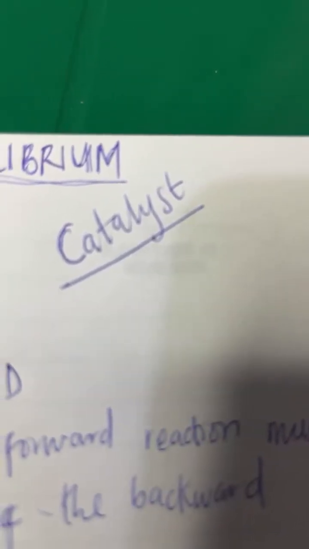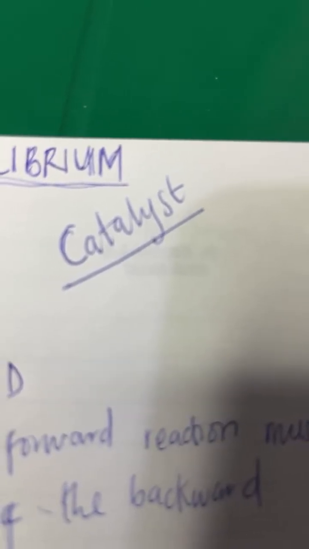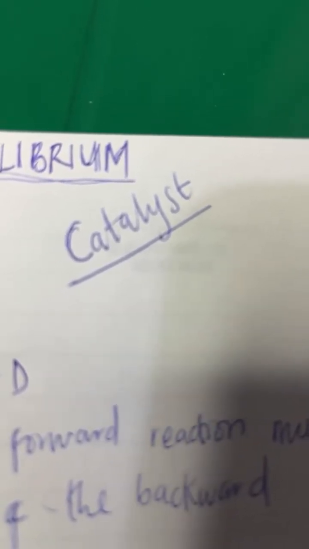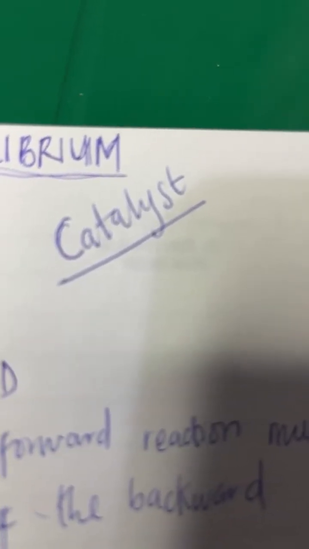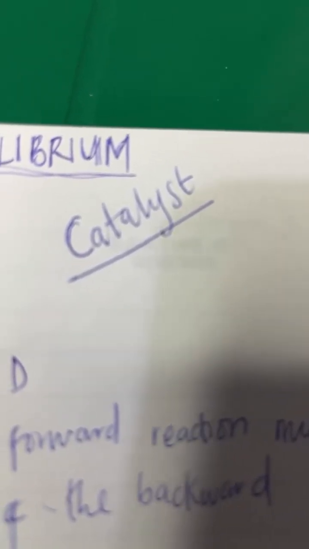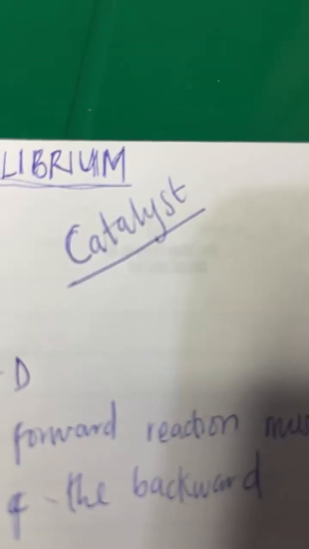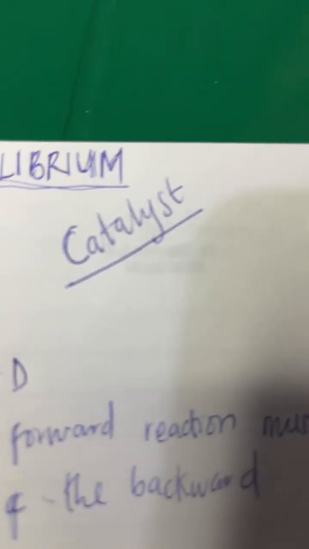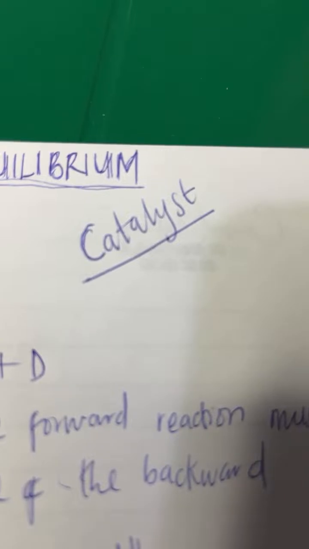So a catalyst alters the rate of a chemical reaction, so it's not only speed up. It will not be consumed by the reaction or permanently altered in the process. Its own job is just to alter the rate of reaction, either to increase it or to slow it down. Hope you get me.